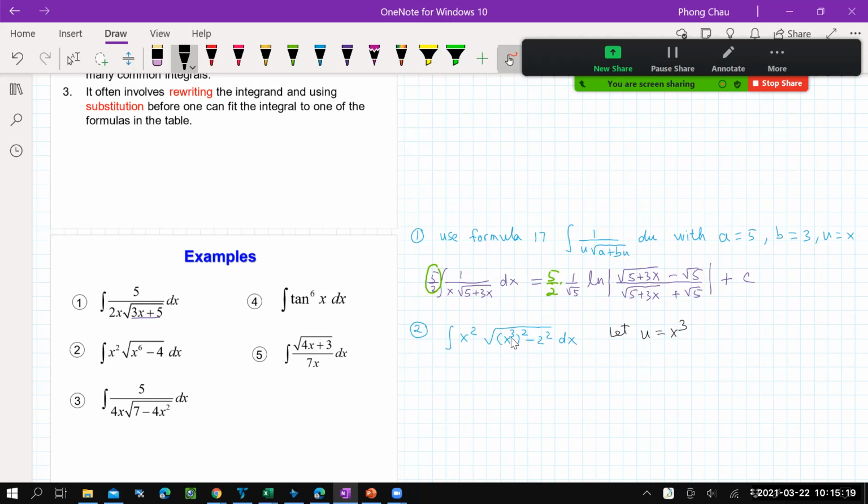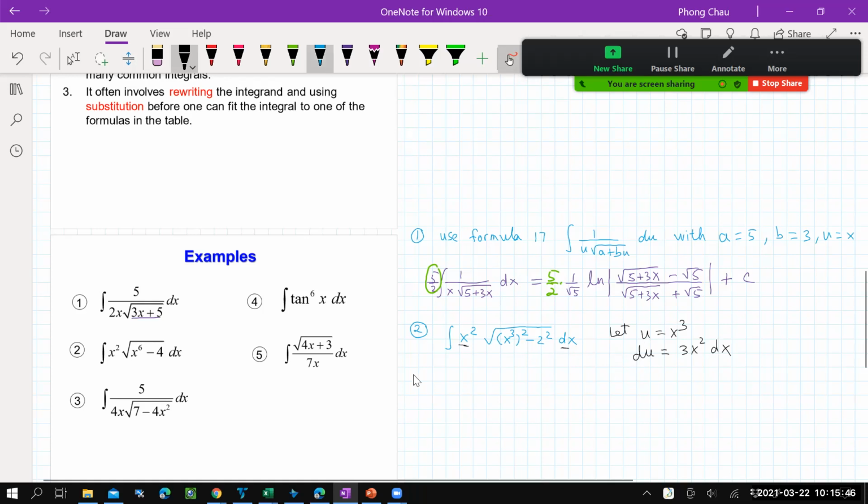Then we have u squared minus 2 squared, and then we have the difference of squares in that formula, right? So again, we're doing the formula substitution here. If you let u be x to the 3rd, don't forget that du is 3x squared dx. And fortunately, I have the x squared outside. That actually makes it work.